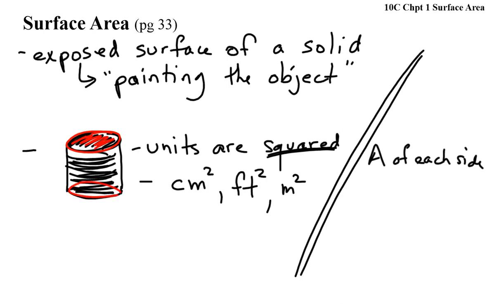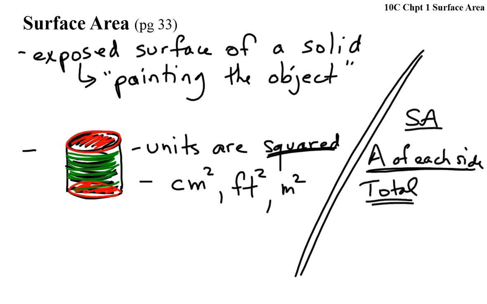It would have a round face on the bottom, and it also has this surface, this face that goes around. So you can call it sides, but face is the proper term. So to get surface area, we want the area of each side, and we want to total them, add them up. That's all we're looking to do.